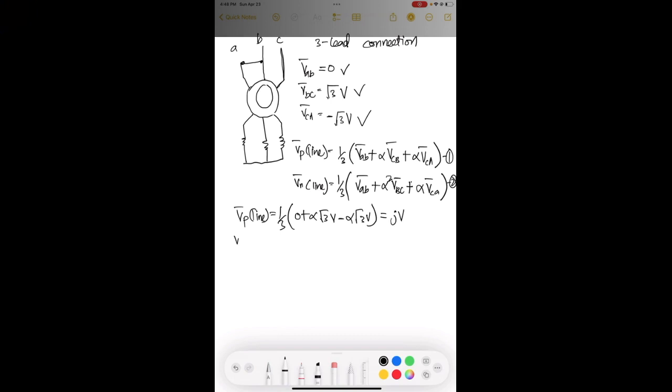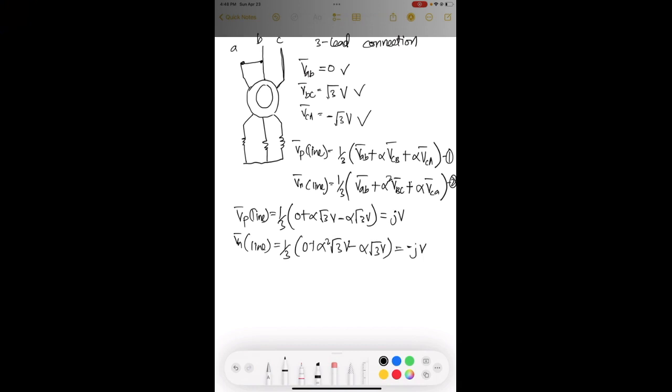And the negative phase sequence of voltage is given by V_N equal to 1/3 (0 + α²√3 V − α√3 V), equal to −jV.